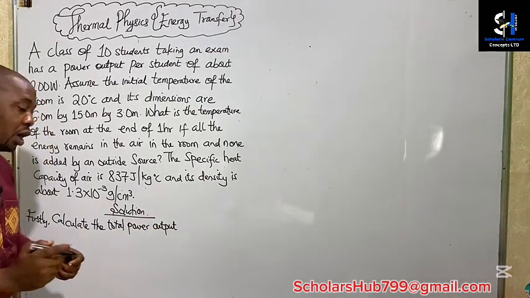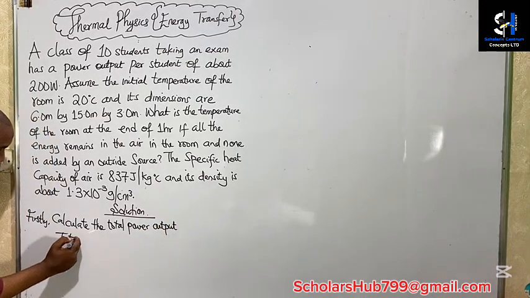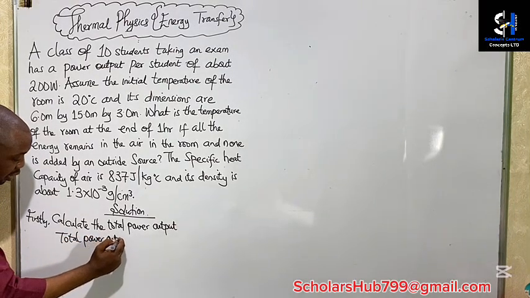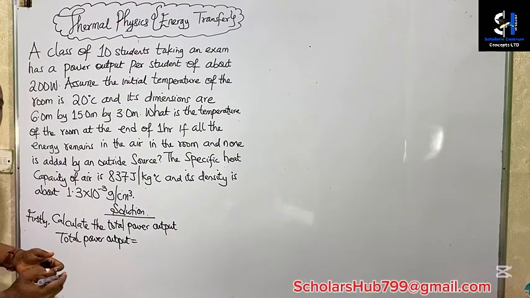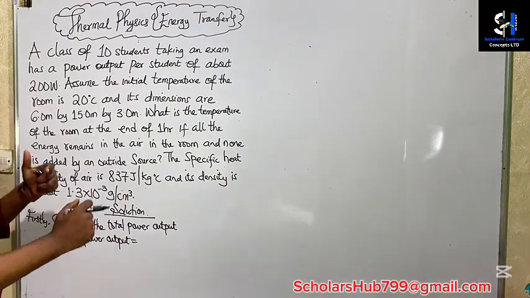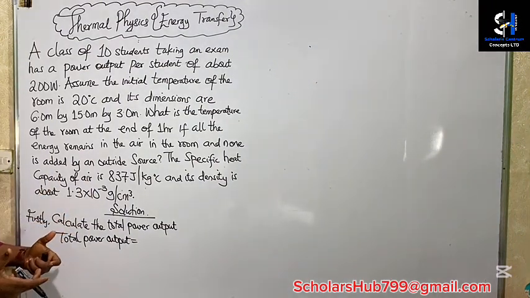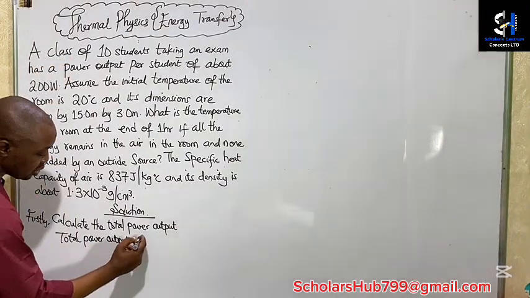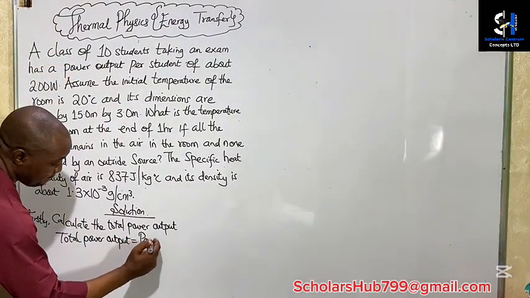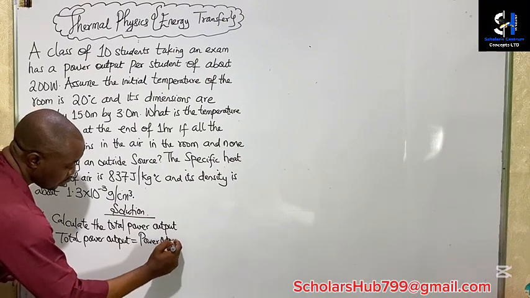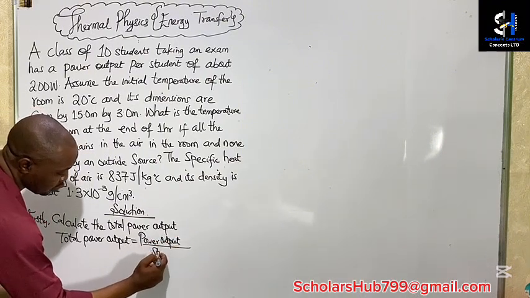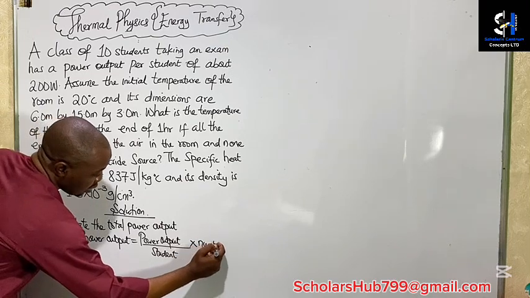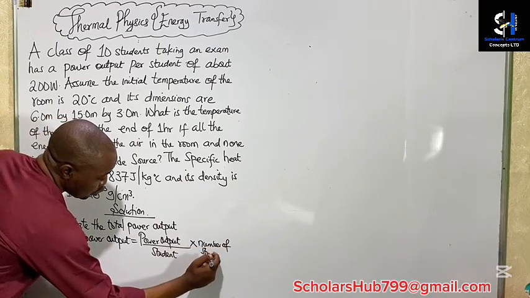Now the total power output, or you can also call it output power, will be equal to the power output per student multiplied by the number of students in the class. So we have power output per student multiplied by number of students.